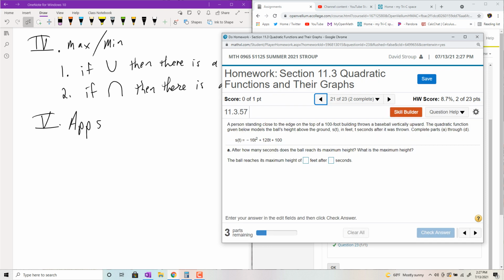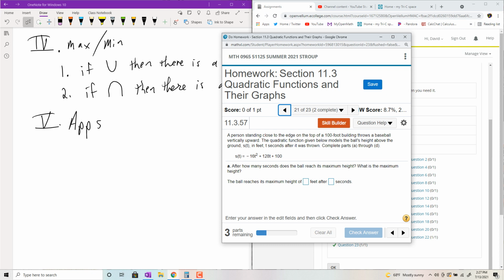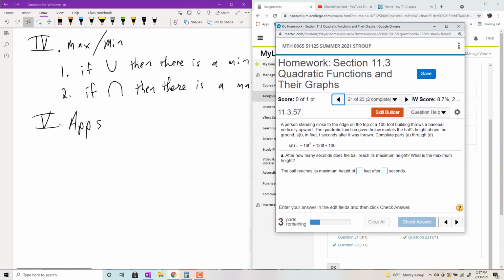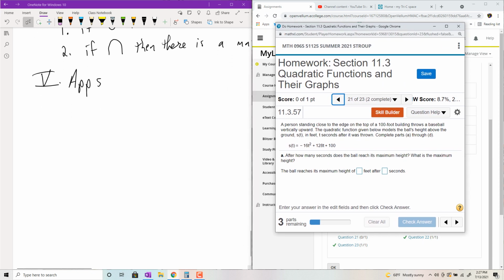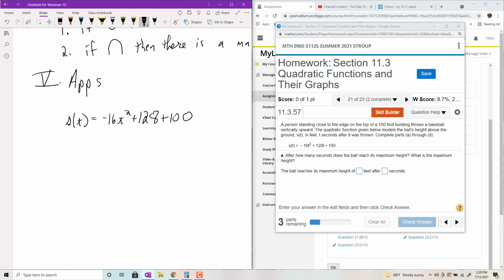Okay, here's one. A person's on a 100-foot building and they throw a baseball upwards. The quadratic function given models the ball's height above the ground, s of t, in feet, t seconds after it was thrown. So the formula is s of t equals negative 16t squared plus 128t plus 100.